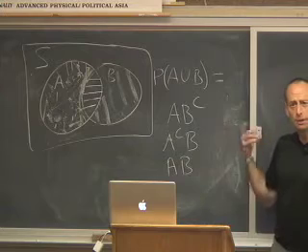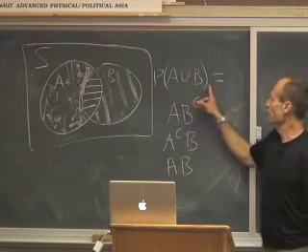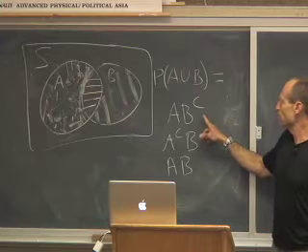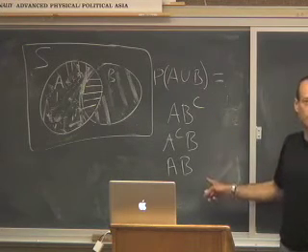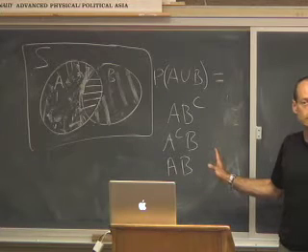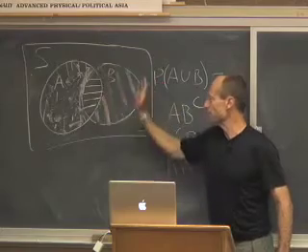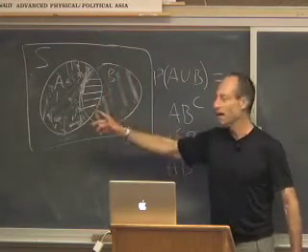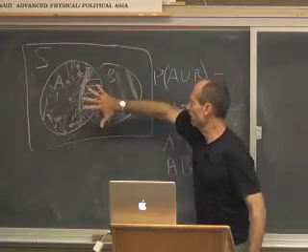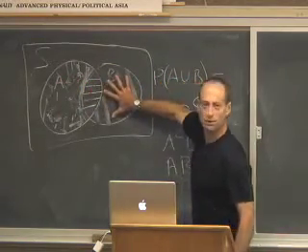Okay, so by the third axiom, the chance of A union B is the chance of this plus the chance of this plus the chance of this because these three are disjoint. It's like area. If I thought of these things as the area of a subset of this rectangle S, the area of this union is the area of this piece plus the area of this piece plus the area of this piece.